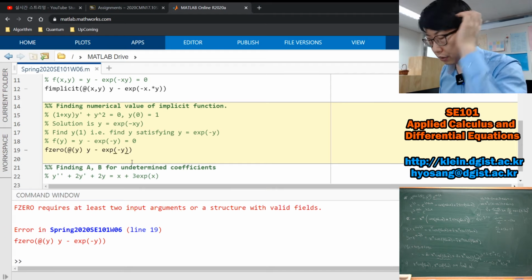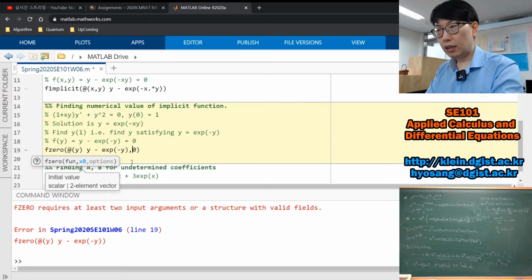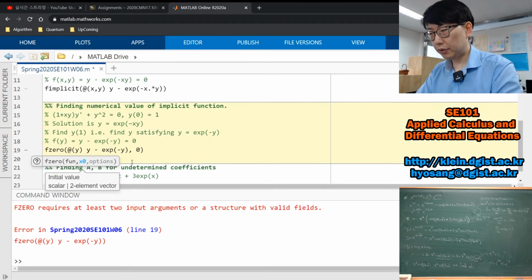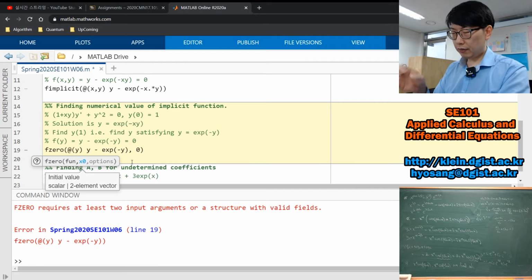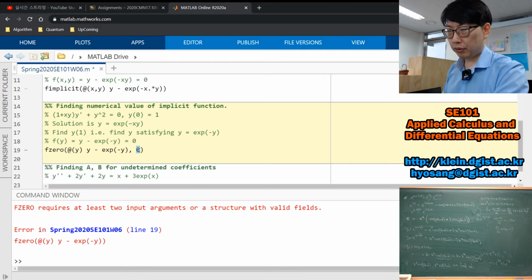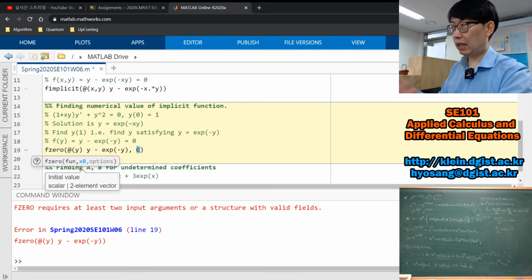So fzero also requires an initial point. Like in Newton's method, fzero approximately finds a root, but there could be many roots, so it doesn't find all roots of this function. It finds a single root next to the initial point. If I start with y equals 0, and 0 is the root, then it's fine.